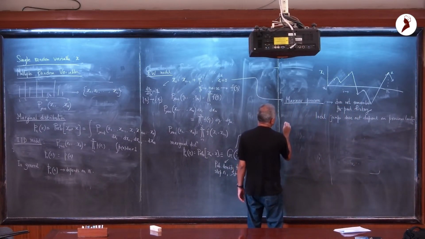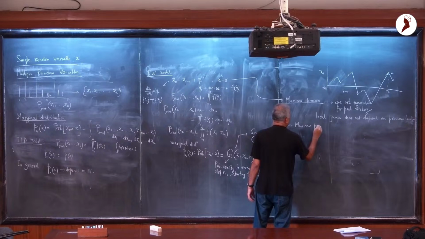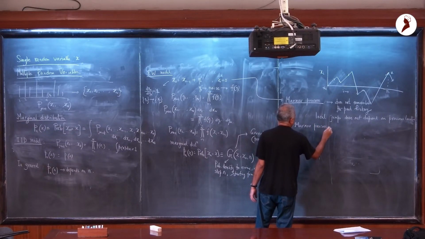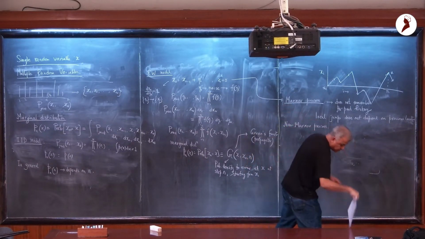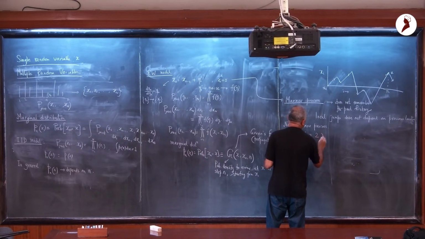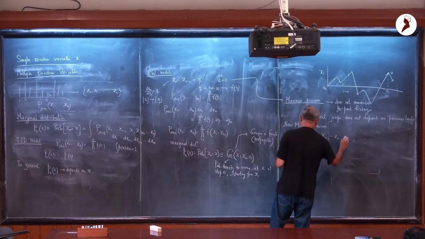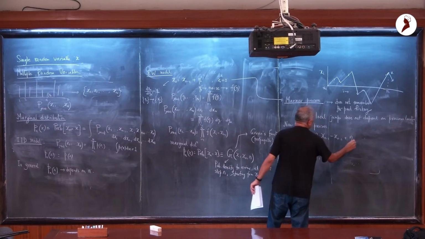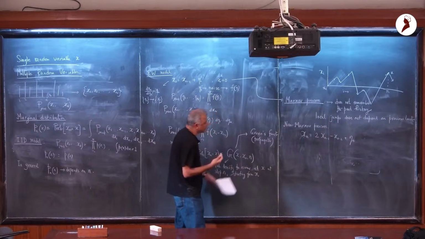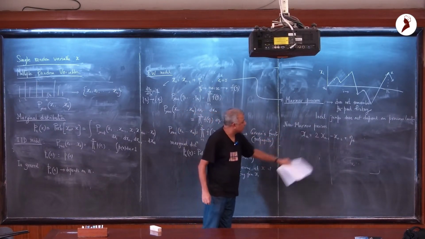Let's think of an example of a non-Markov process just to counter this. The simplest example: if you again think of this recursive procedure, this is just an example. Suppose you construct your exercise from this relation instead of this.